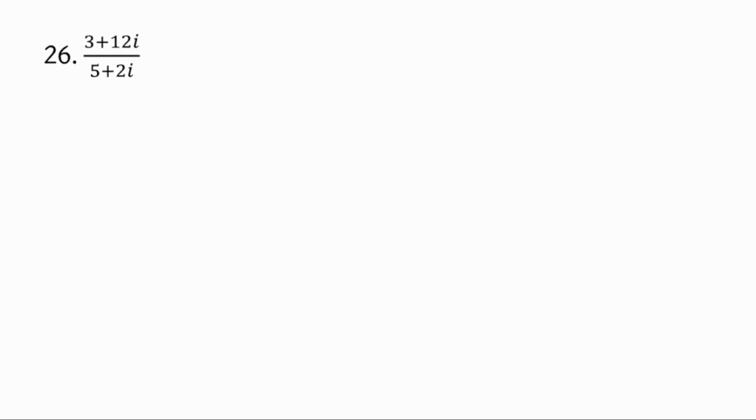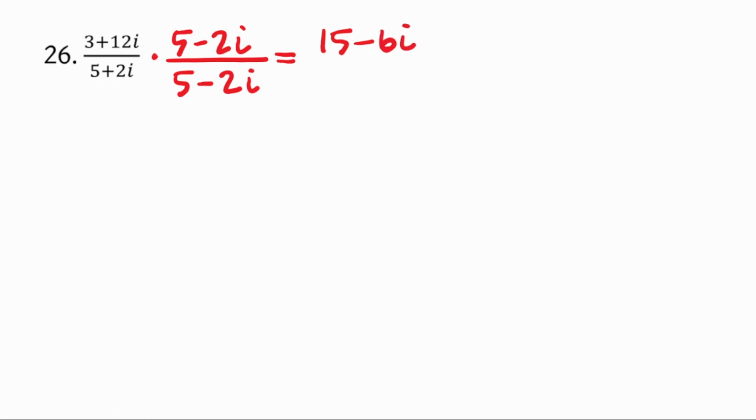Here with number 26, I need to multiply on top and bottom by the conjugate of the denominator. Right, so 3 times 5, 3 times negative 2i, 12i times 5, and 12i times negative 2i.